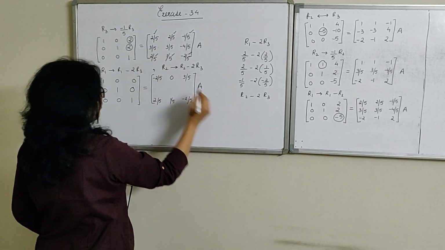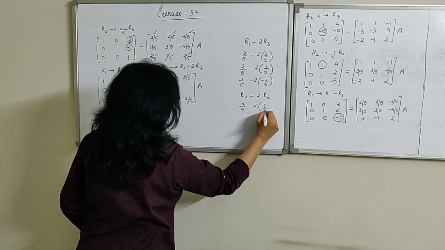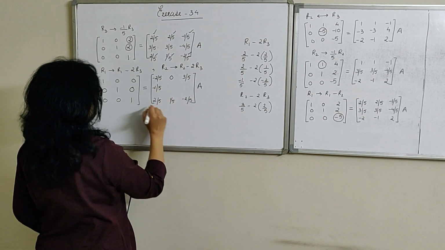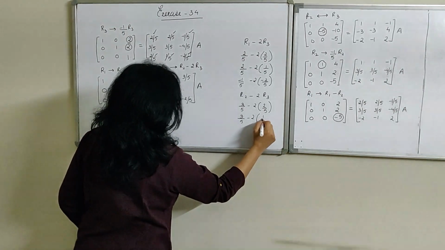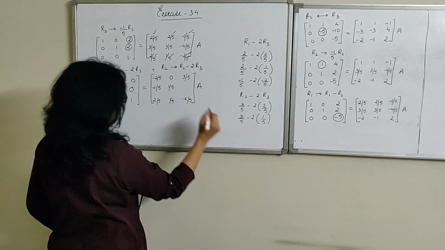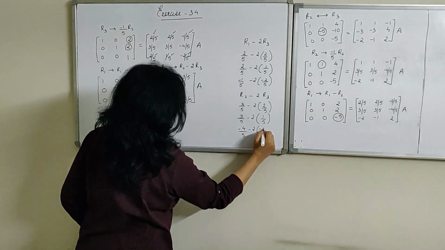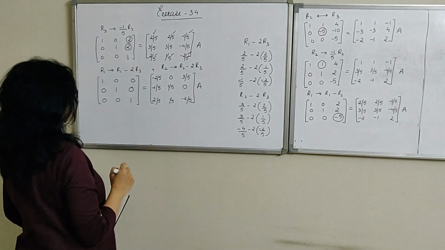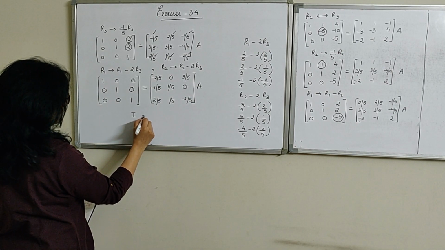Again, 3 by 5 minus twice of 2 by 5 gives minus 1 by 5. Next element, 3 by 5 minus twice of 1 by 5 gives 1 by 5. And lastly, minus 4 by 5 minus twice of minus 2 by 5 gives 0. So at this stage, an identity matrix on the left side has been obtained.